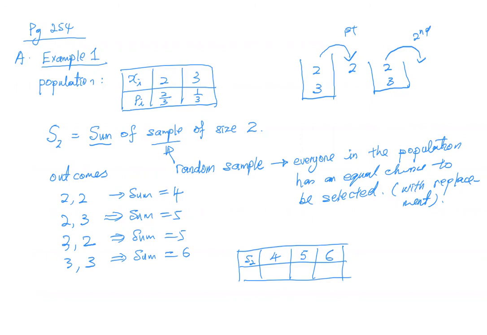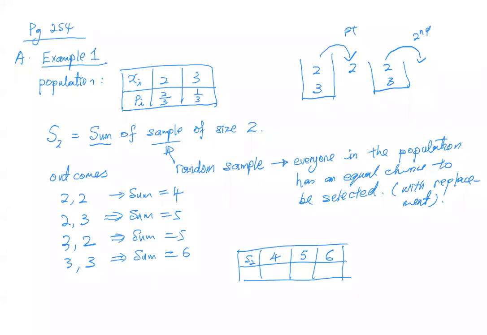From a population of only 2 numbers, you draw 2 numbers. Can I, from a population of 2 numbers, draw 3 numbers? Can. That is in the other part.